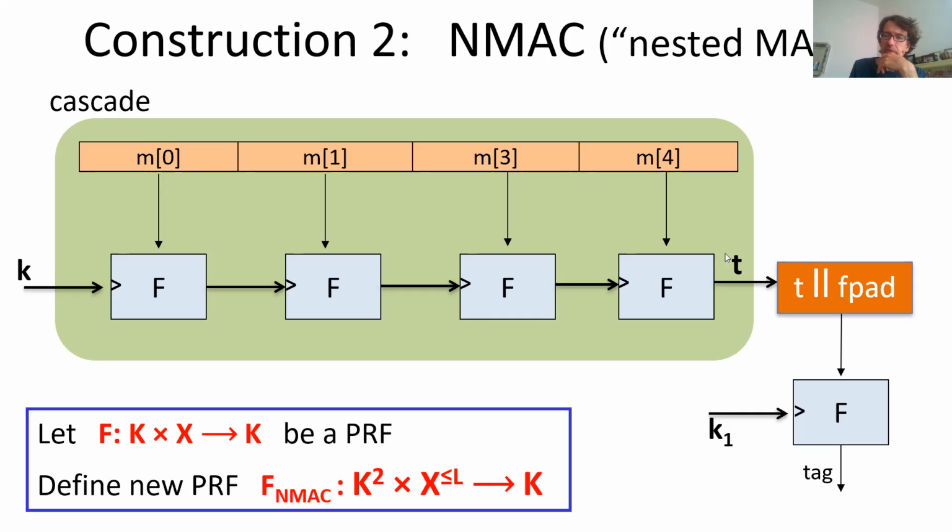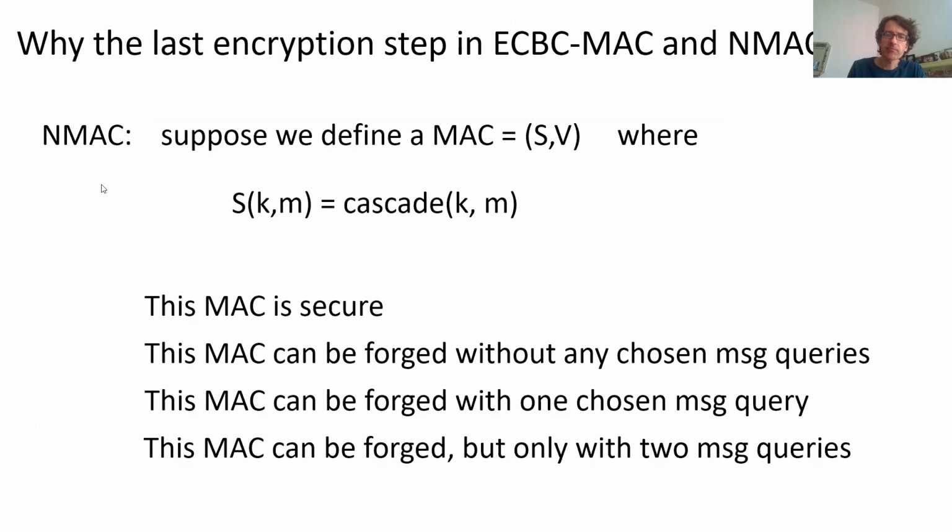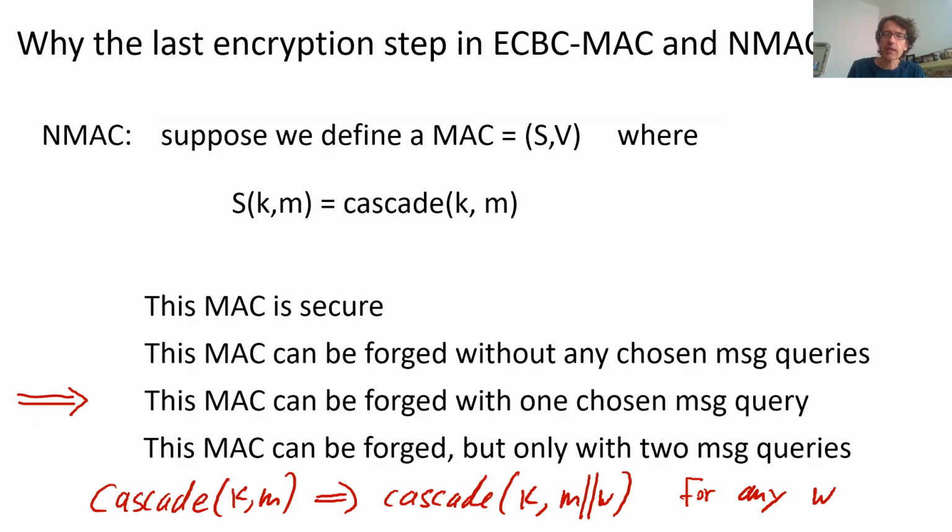Why don't we just call T the MAC? And the issue is this, that this is not easy to see, that cascade can be extended.